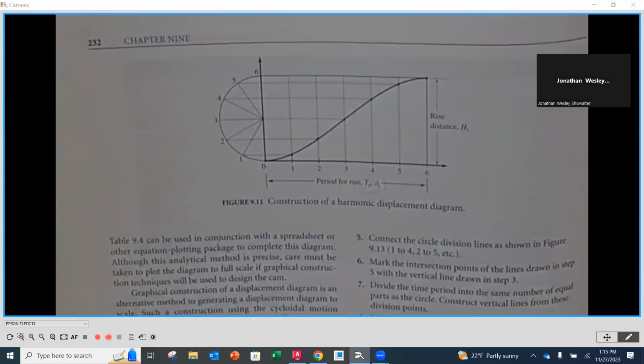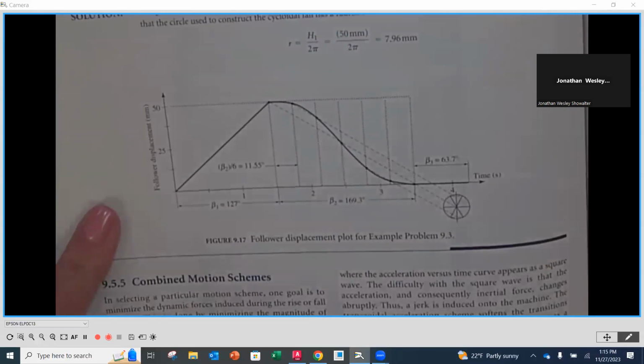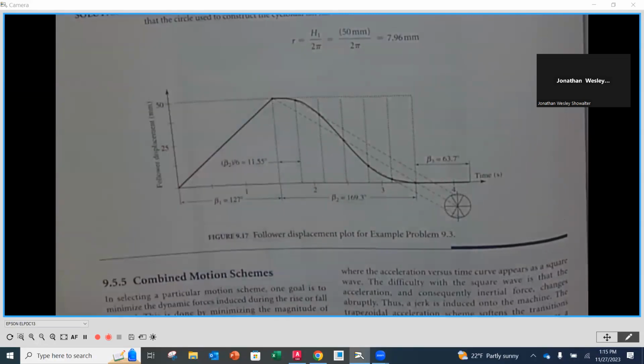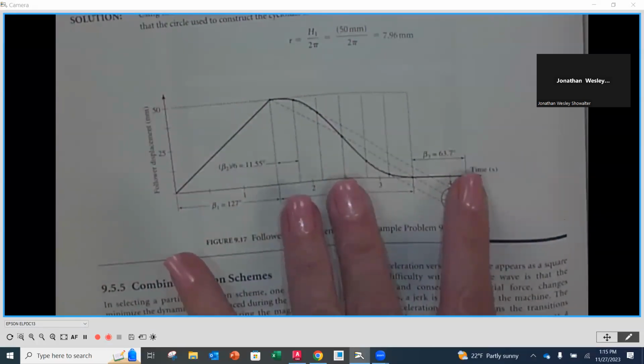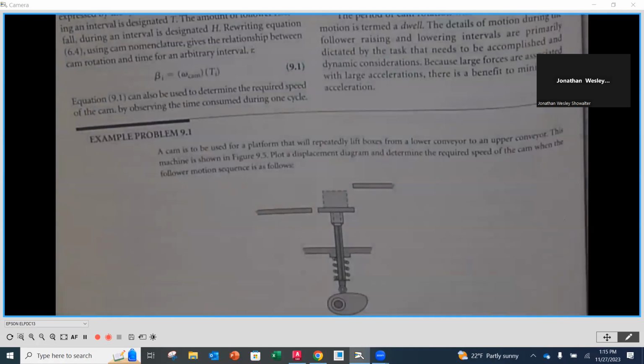So if you take a peek at, for instance, page 236, example 9.3, this is 50 millimeters high. And what I've been noticing is that they're about 1, 2, 3 times the length of whatever the height is. You'll see that same trend on the first example that we looked at.